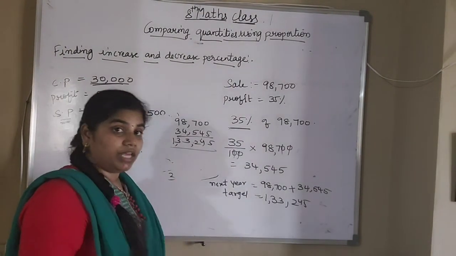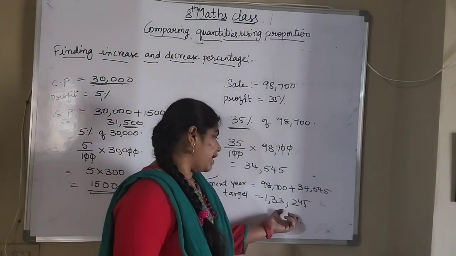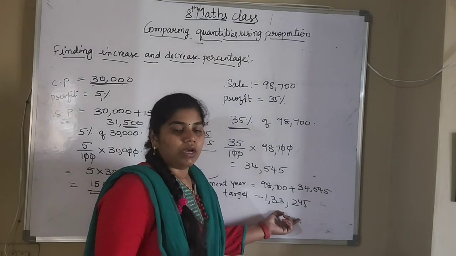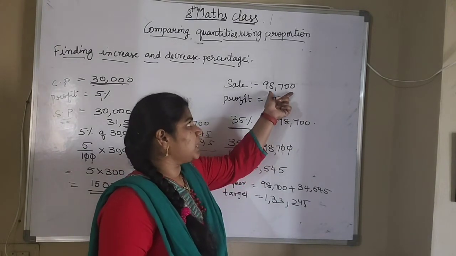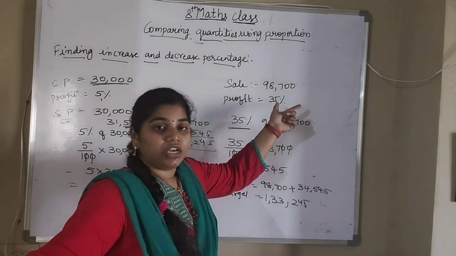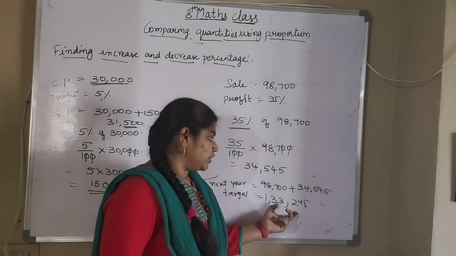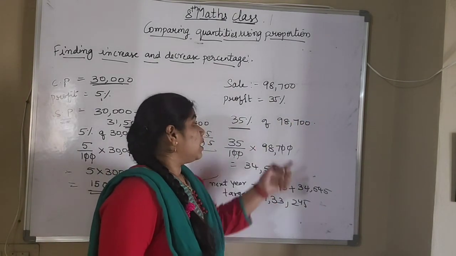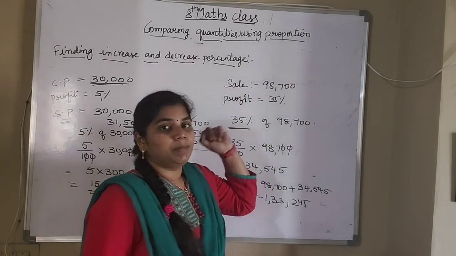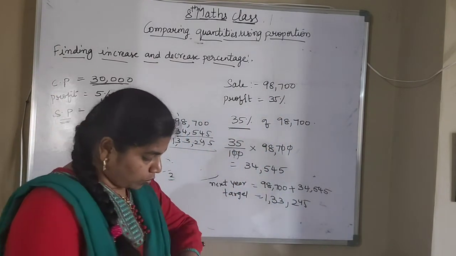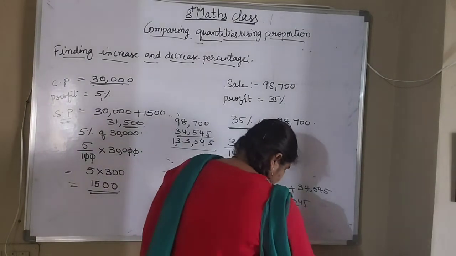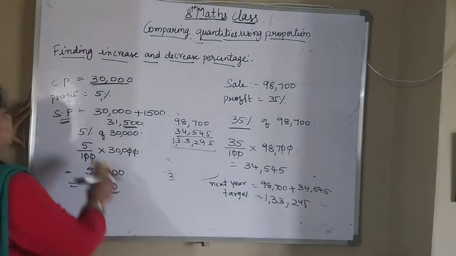They have to reach the target of 1,33,245. This year it was 98,700. Next year they want to reach the target of 1,33,245. That is how much percentage more? That will be 35% more. Okay. So this is how to find the increase percentage.